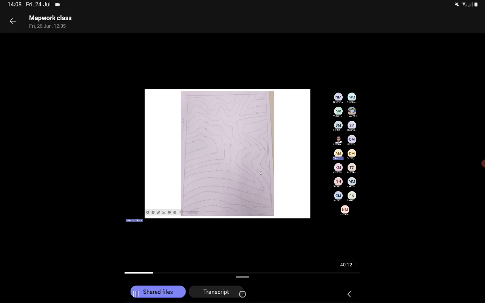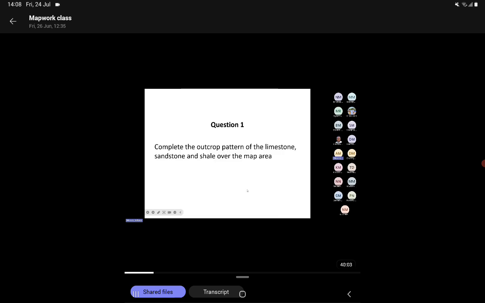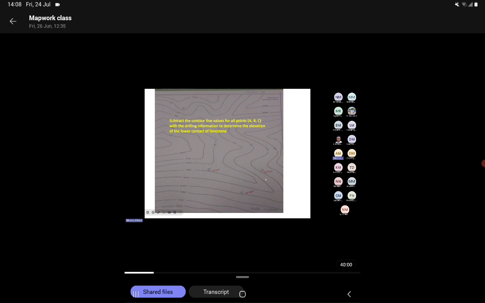However, in this case, we can't start there because the information you are given is that there were borehole interceptions at points A, B, and C. So we need to first subtract the borehole information so that we know, for this lower limestone, where the limestone is sitting from point A. Point A is 450 on surface, but there was no limestone.